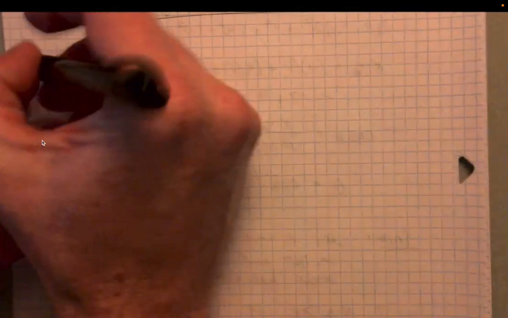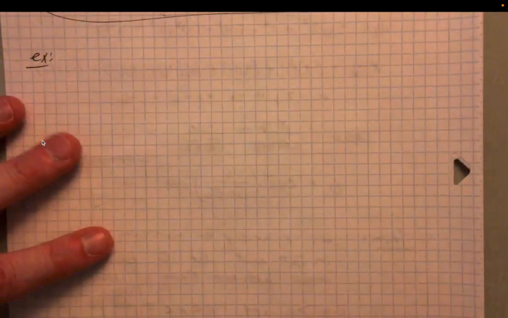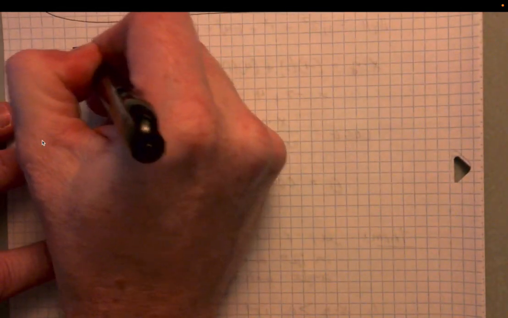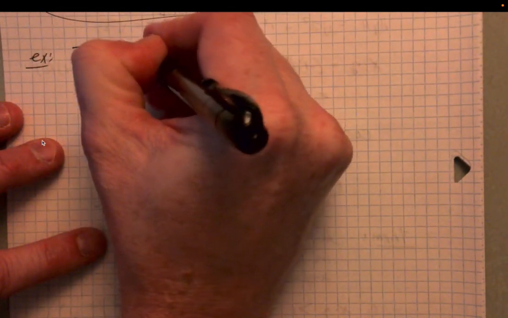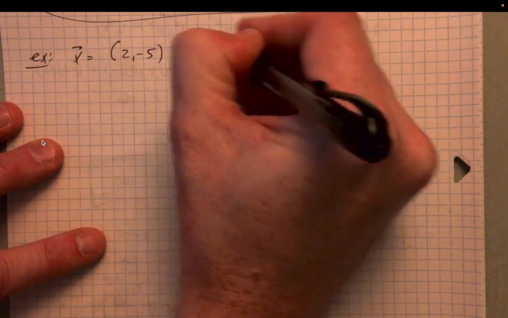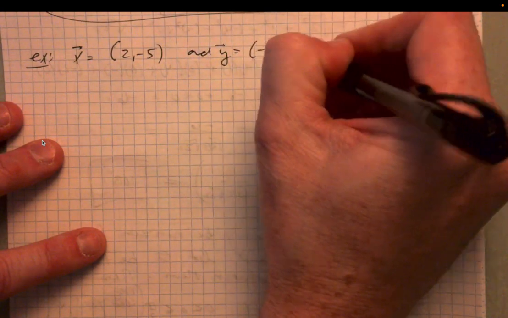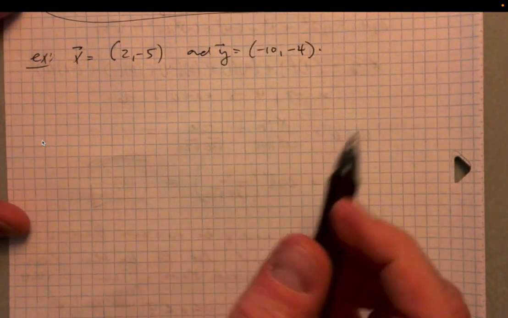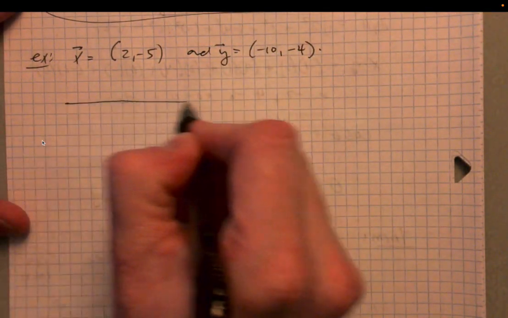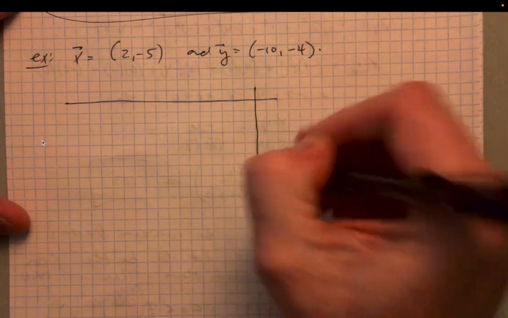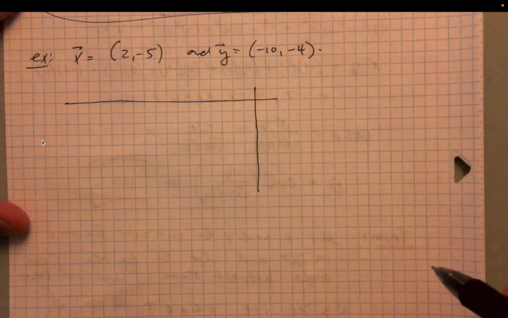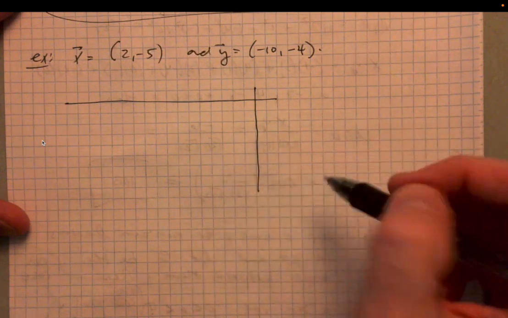So that's more of the geometric sense of what we mean by orthogonal. So let's look at an example here. Let's consider x equal to (2, -5) and y equal to (-10, -4). Let's plot these two vectors. This is the x-axis, and we're dealing with the third and fourth quadrant here.